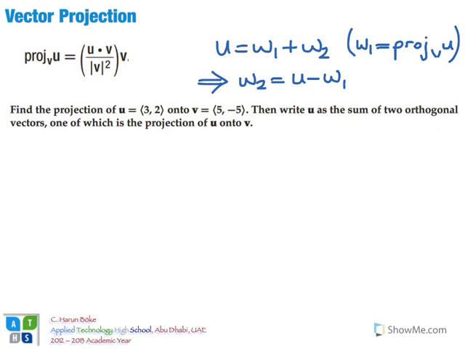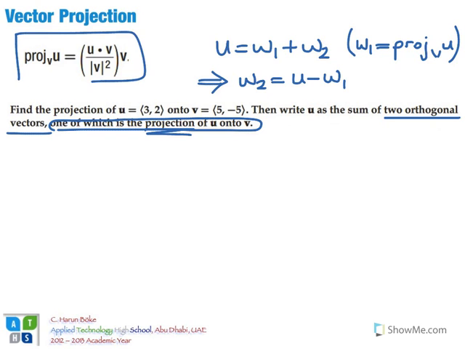Okay, in this question it says find the projection of u onto v, and then write u as the sum of two orthogonal vectors, one of which is the projection of u onto v. Well, actually, we don't need this part because we know that one of them is the projection. So, first of all, we will calculate the projection according to the formula.